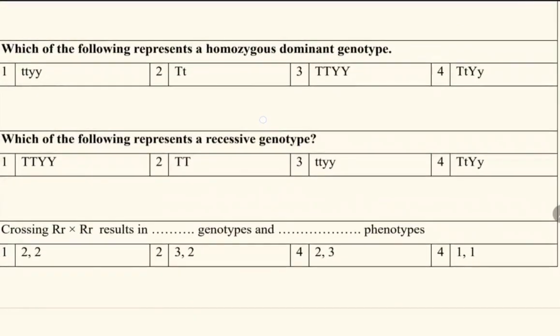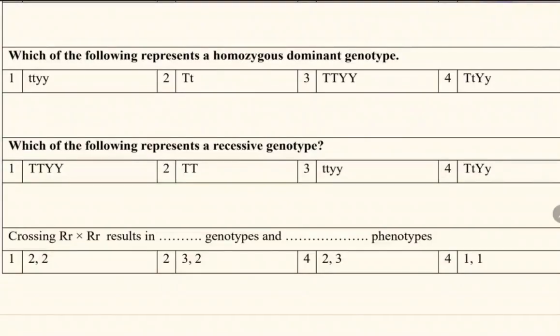Let's see the second question. It says, which of the following represent a homozygous dominant? So the first one is homozygous, but it is not dominant, it is recessive. So this is not the answer. This one is hetero. This one homo, dominant.